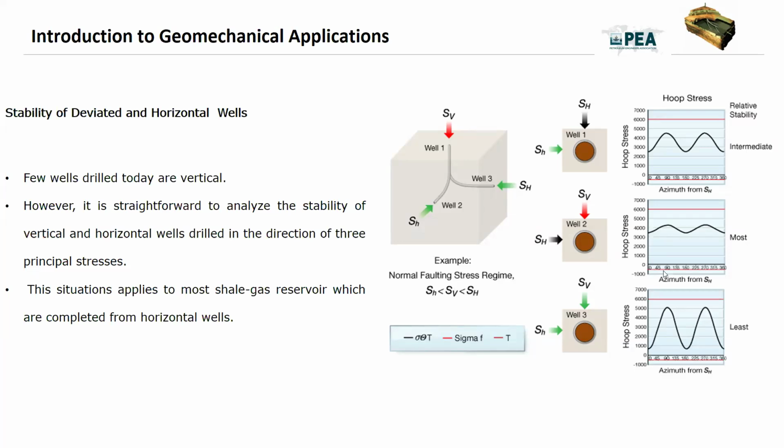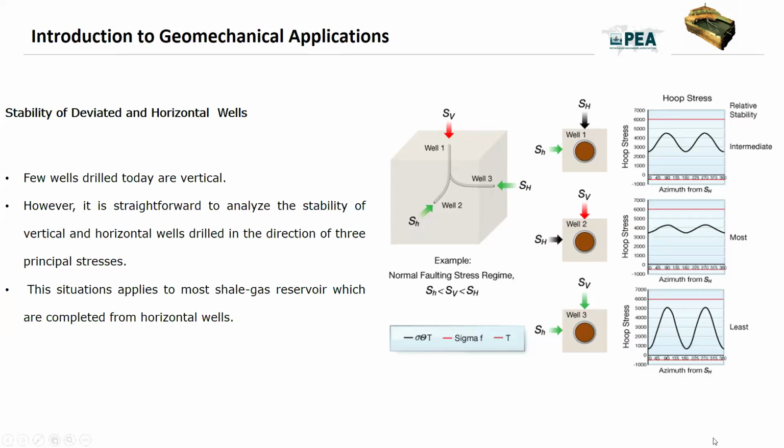So the stability of an arbitrary well trajectory must be modeled numerically, which is very critical when we are offshore or in unconventional reservoirs, which are known to get overpressured, so high reservoir pore pressure, which can cause a lot of issues in wellbore stability.